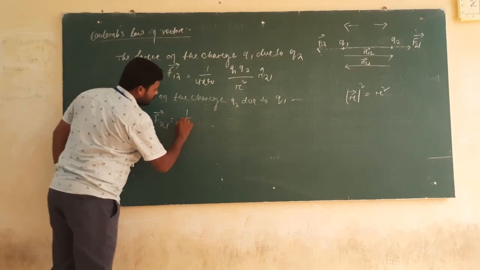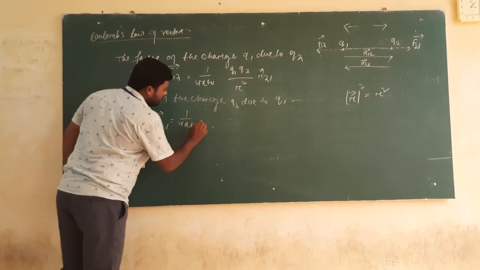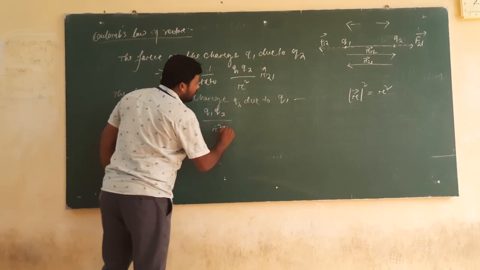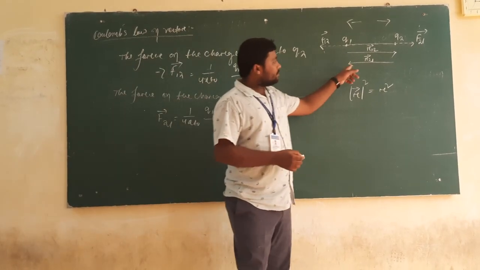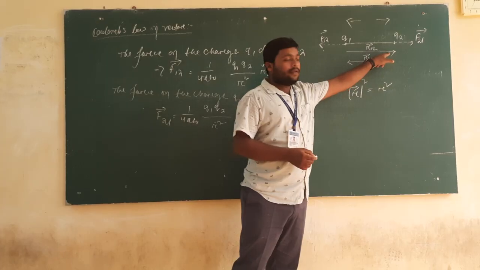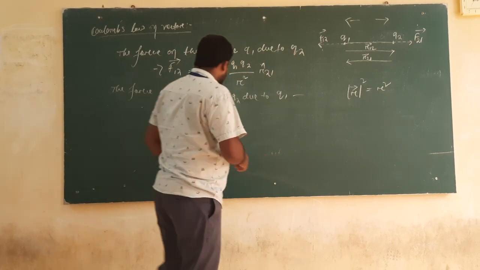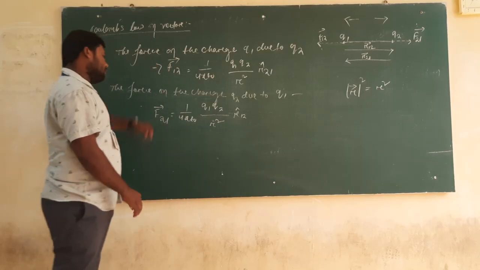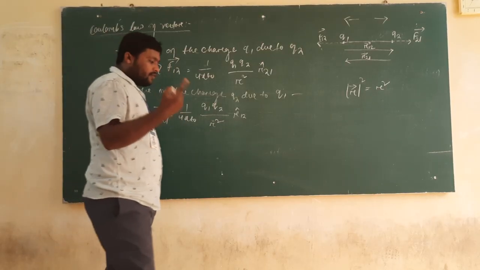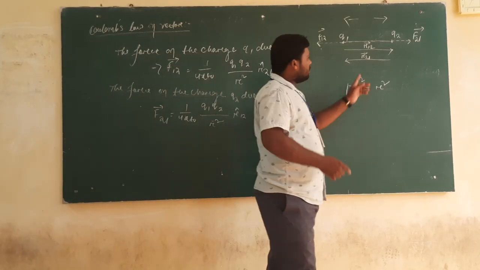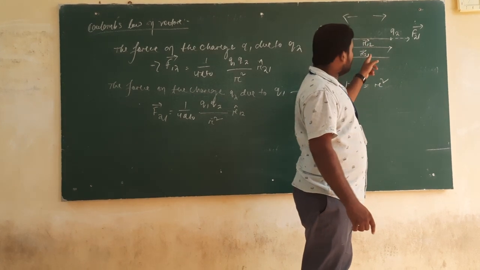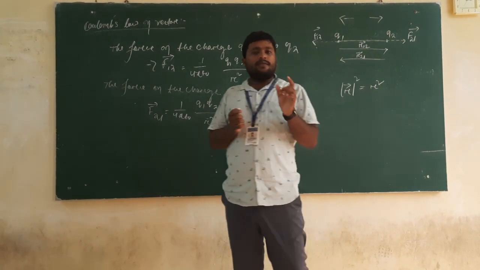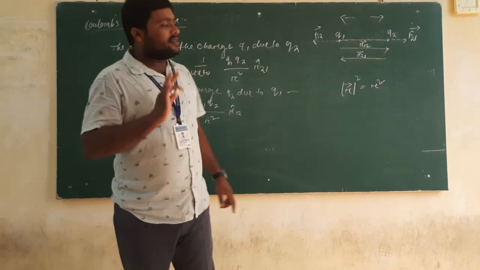Now F1 is equal to 1 by 4 pi epsilon naught Q1 Q2 by R square, and the direction is along the R12 cap. So now we know from the property of vectors that the R12 vector and R21 vector are the same in magnitude but opposite in direction.